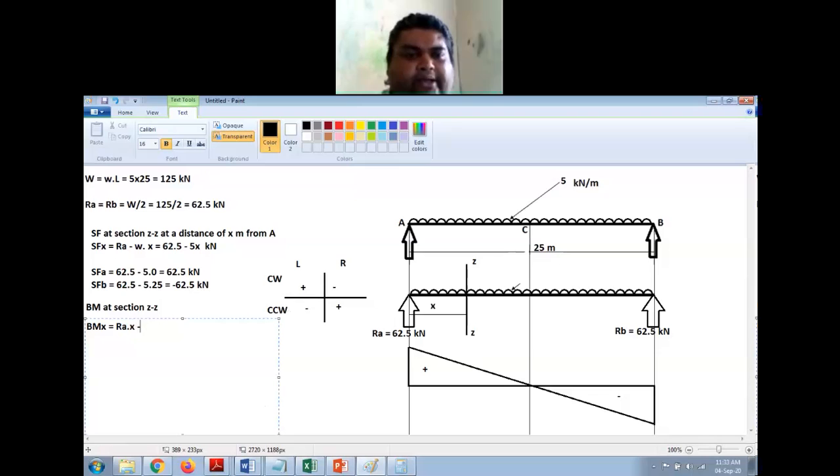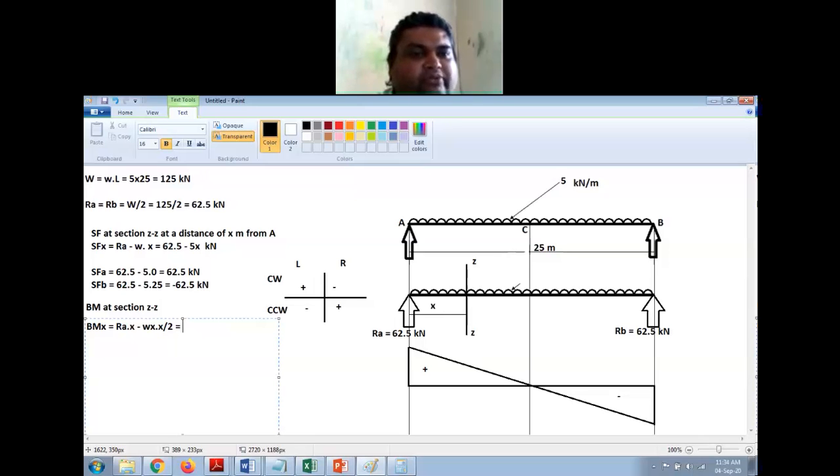So I will say minus the magnitude of the point load of this UDL, right? I have to convert this UDL into a point load, so that will be W into X, which is the magnitude, and it is acting at the midway of x, so into x by 2, right? So this will become wx square by 2.